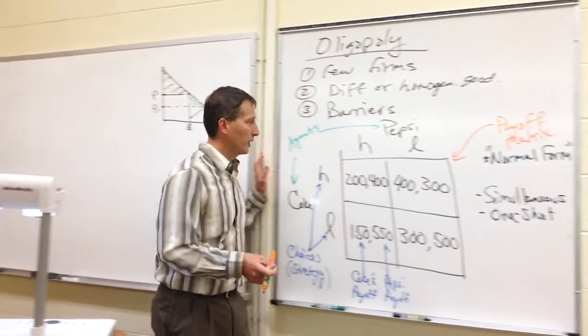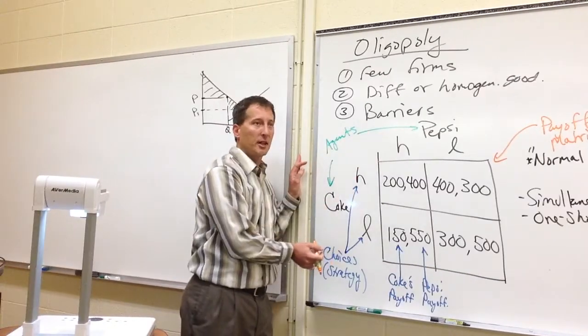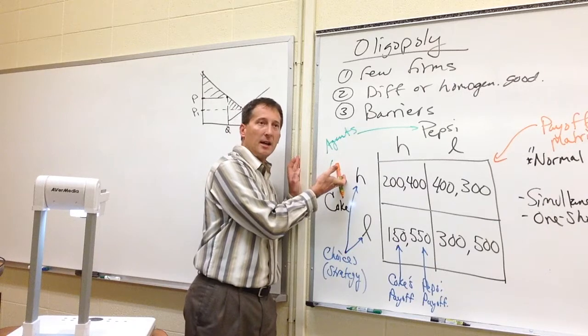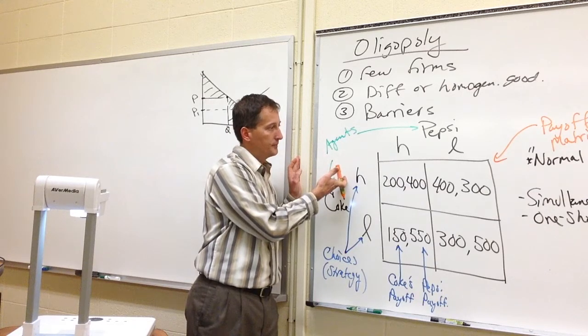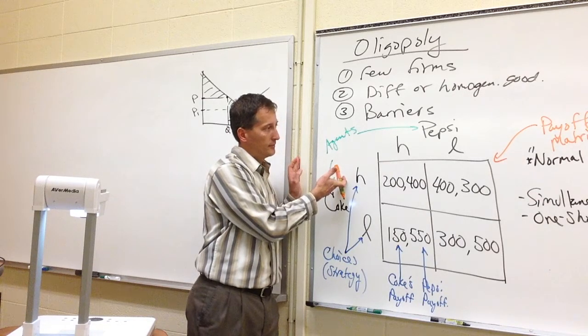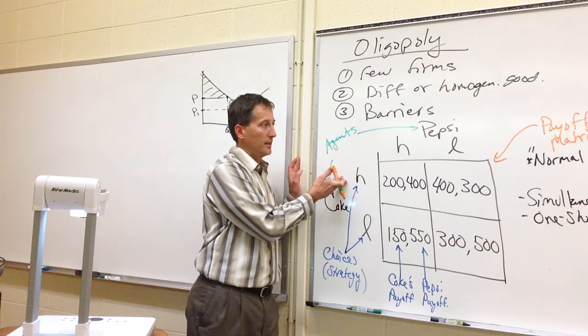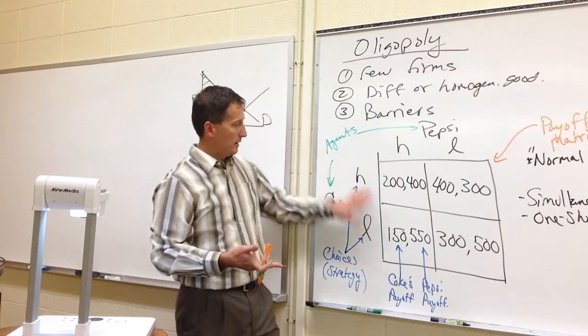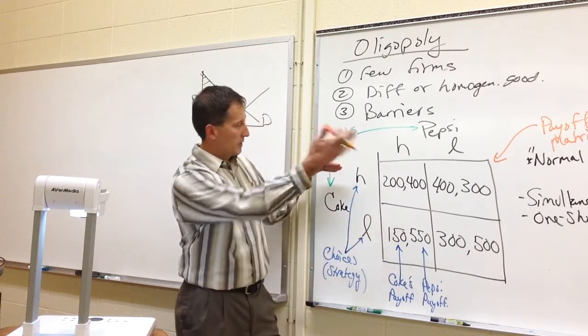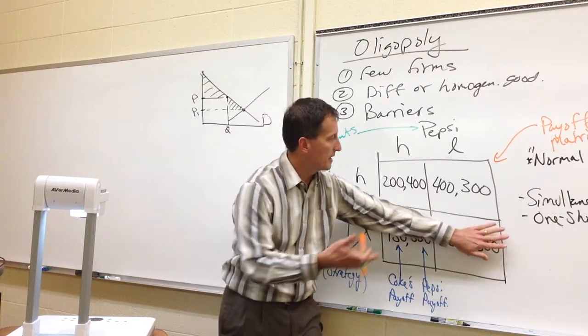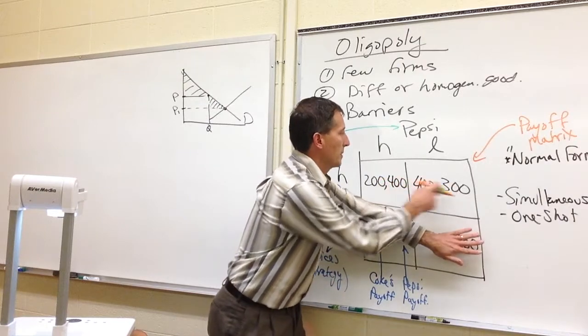To check for Pepsi, we do the same exercise. If Coke goes high, Pepsi should. Now, if Coke goes high, what should Pepsi do? Go high. Why? Instead of 300. So when we do it for Pepsi, you can kind of ignore these numbers, but then you also got to remember which one's here.